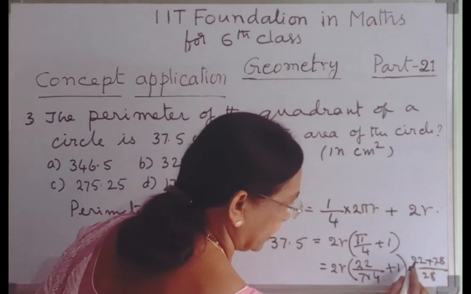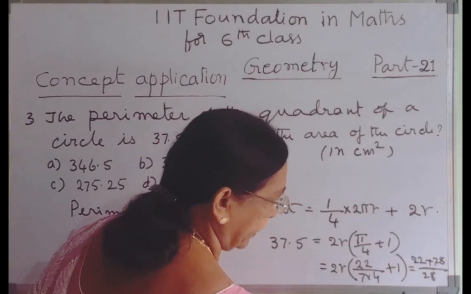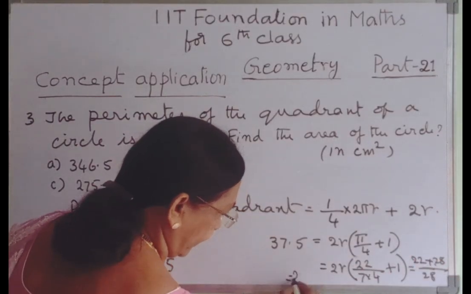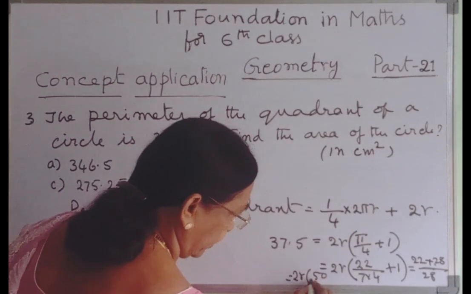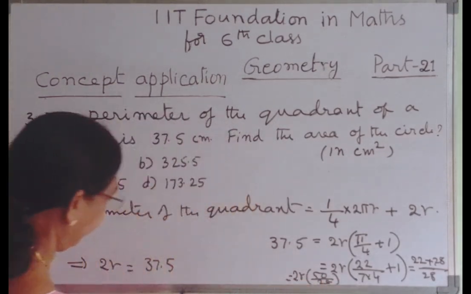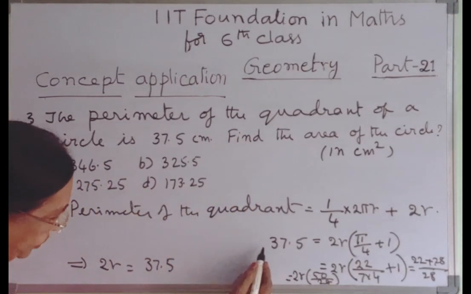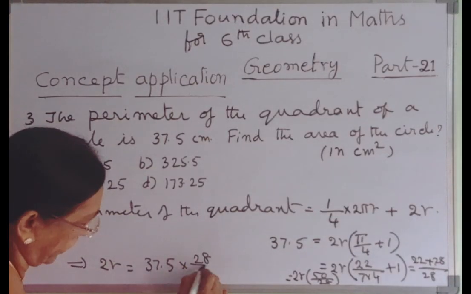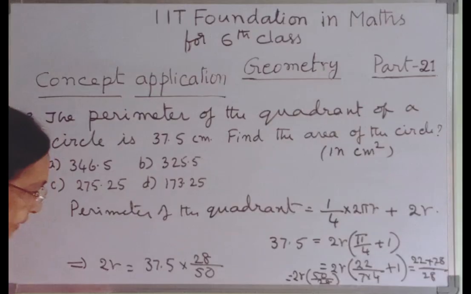That is 22 plus 28, 50. This is equal to 2r into 50 by 28. Therefore 2r is equal to 37.5 into 28 by 50.